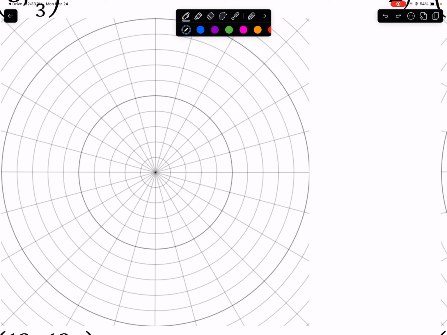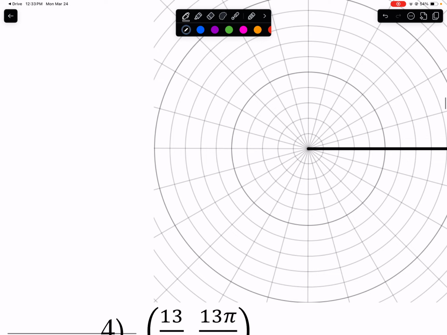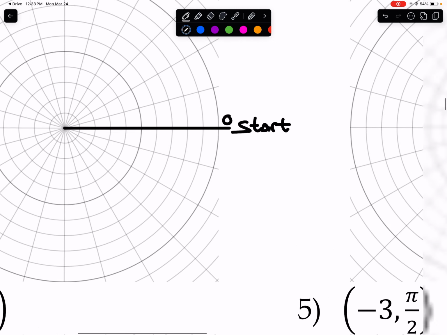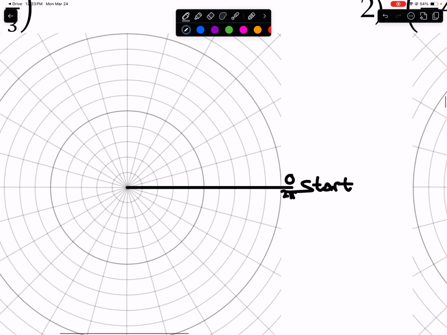I know from the unit circle that if I start in standard position, this is where we start at 0, over here is pi, and we come all the way back to 2 pi. But since there are 24 spokes, my scale is going to count by pi over 12. So this first spoke would be pi over 12.